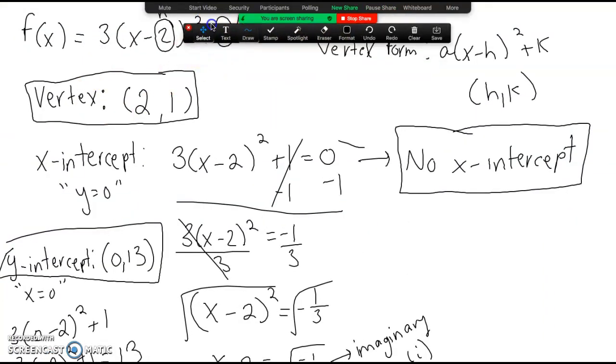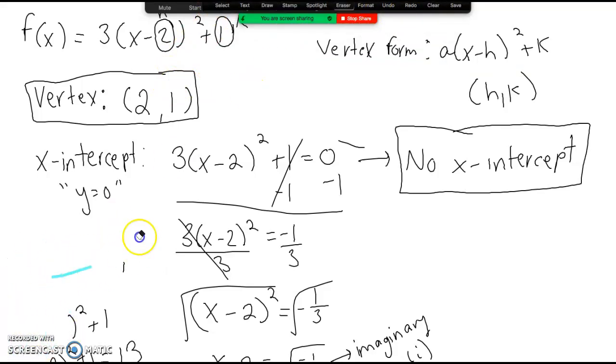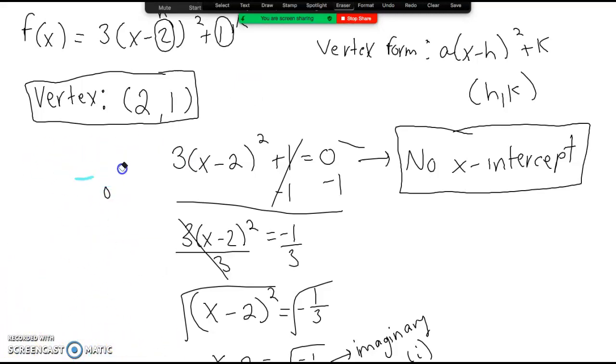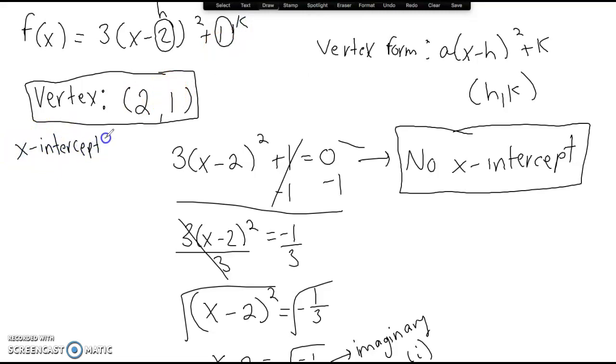So now let's go ahead and find the axis of symmetry. I'm going to erase this and just rewrite what we found. We found that the vertex was 2, 1. We found that there was no x-intercept. And our y-intercept was 0, 13.